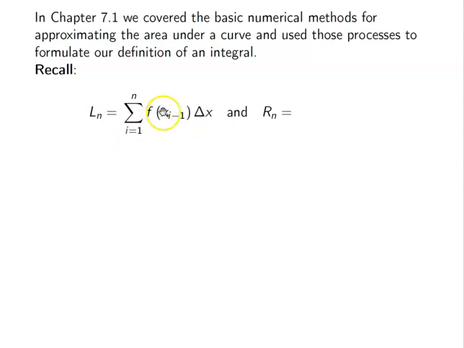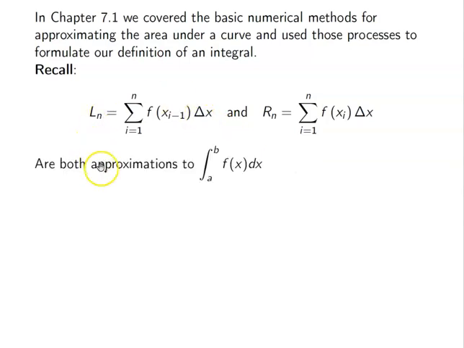If I plug in 1 for i, you see this turns into x naught, the leftmost point A. For the right, the first evaluation would be at the right-hand endpoint of the rectangle, so that would be at x1 instead of x naught.